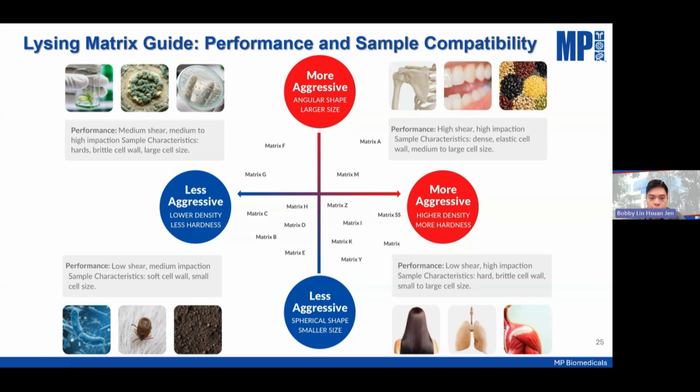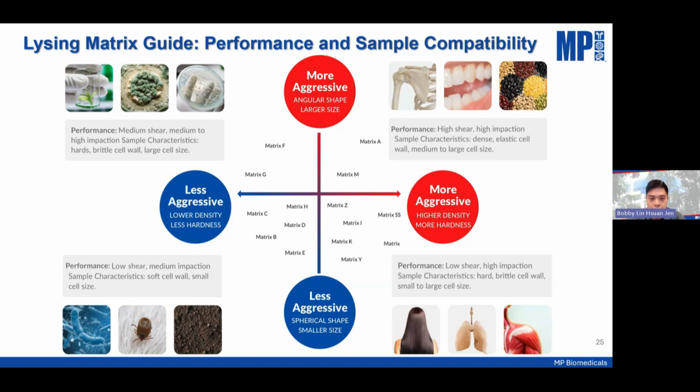From this graph, we're seeing two different axes. The horizontal axis tells you about the aggressiveness: from the left spectrum, we have lower density and less hard beads, up to the right spectrum with higher density and tougher, harder beads.